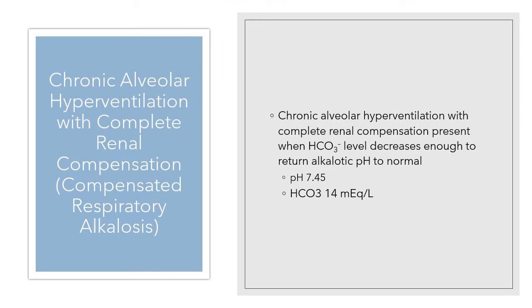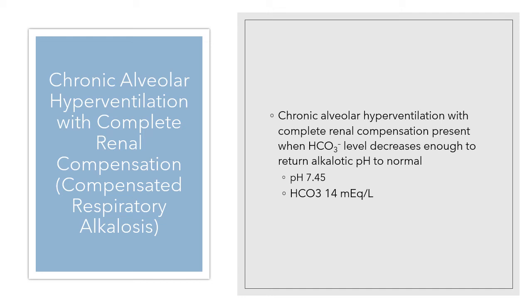So what about when there's complete renal compensation for chronic alveolar hyperventilation? This is also called fully compensated respiratory alkalosis. Fully compensated respiratory alkalosis is present when the bicarb level decreases enough to return the alkalotic pH to normal.